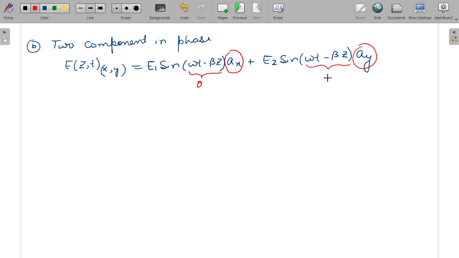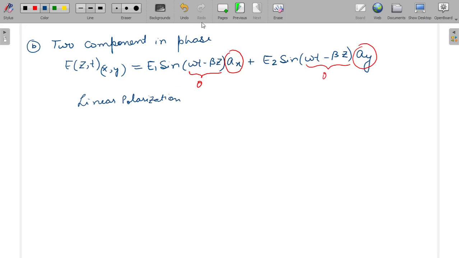If you take it as theta, it will be theta in both. So if this kind of wave equation is given, then this is also linear polarization. This equation is also a type of linear polarization.